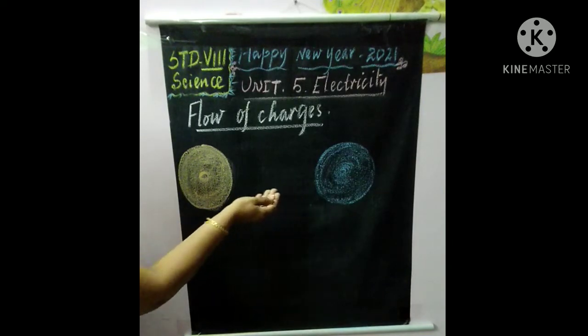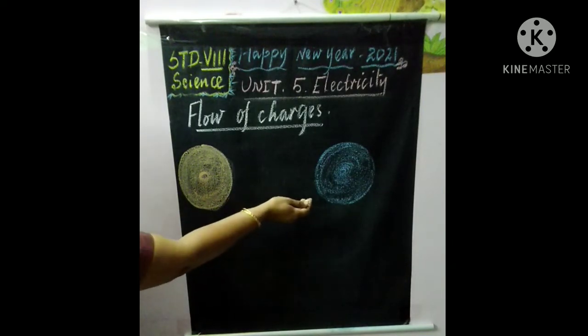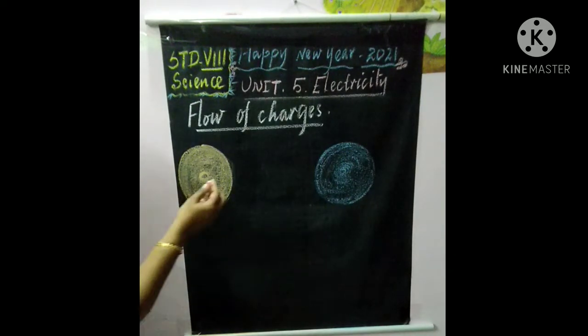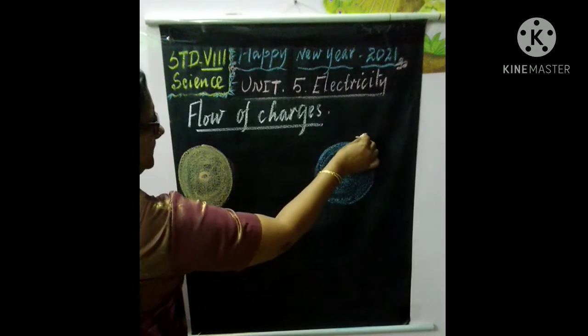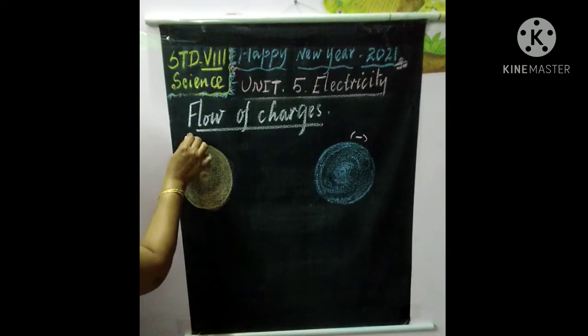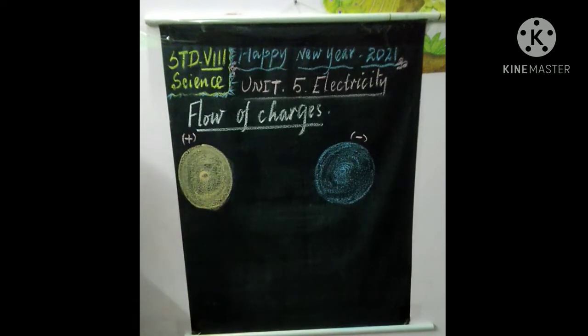These are two metallic spheres. One of the metallic spheres has more electrons, so this is negatively charged. Another metallic sphere has fewer electrons, so this is positively charged.